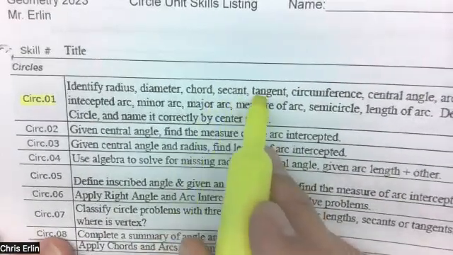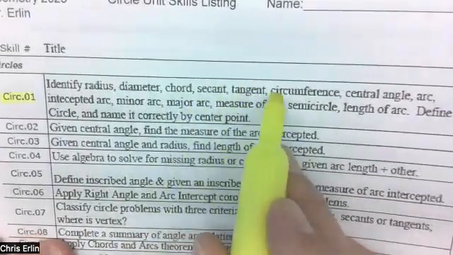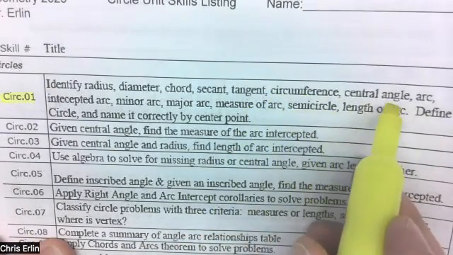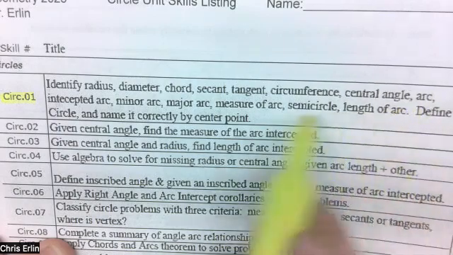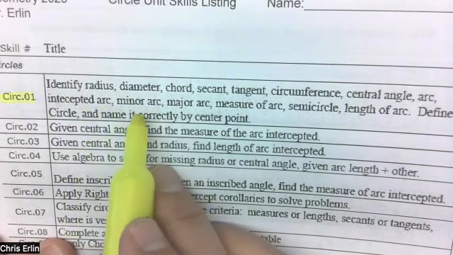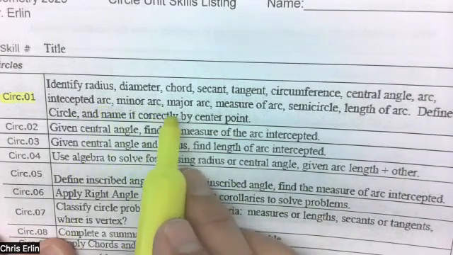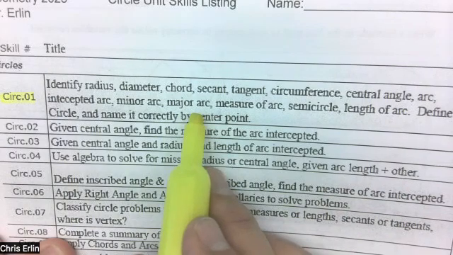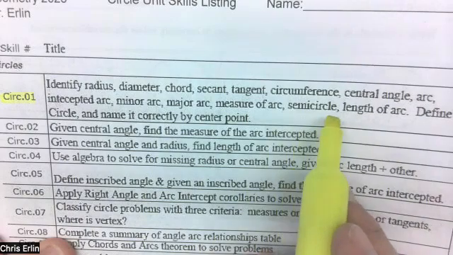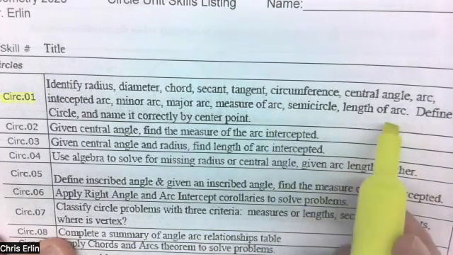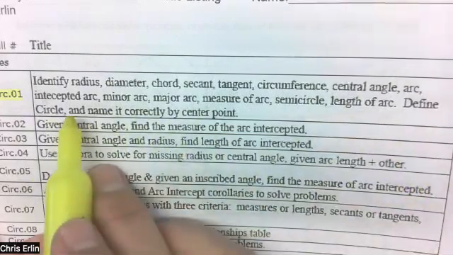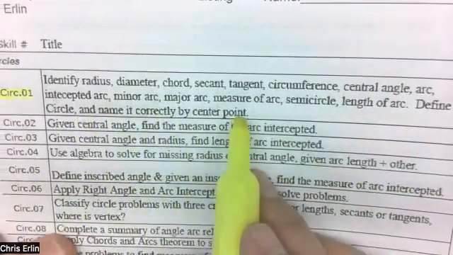Secant, tangent, circumference, central angle, arc, intercepted arc, minor arc, major arc, lieutenant general arc, just kidding, measure of arc, semicircle, length of arc. You should also be able to define a circle and name it correctly by the center point.